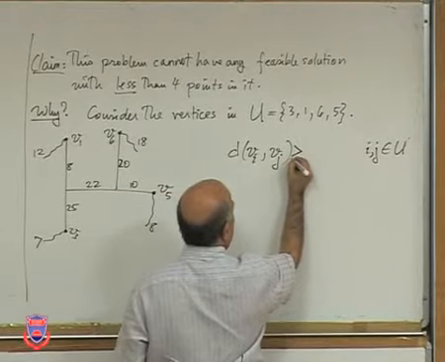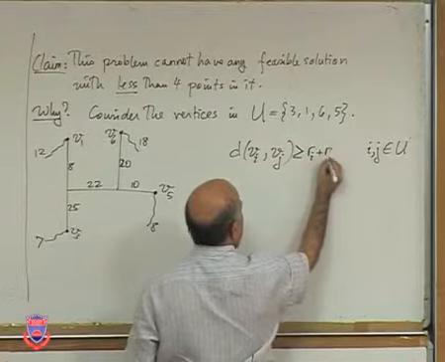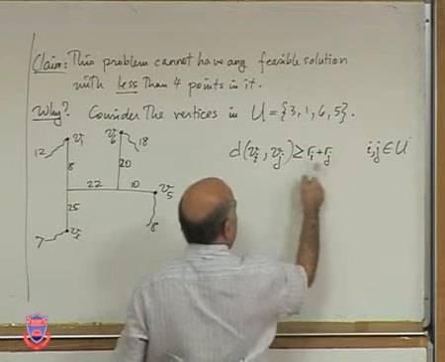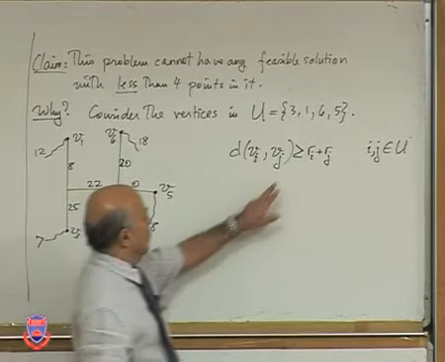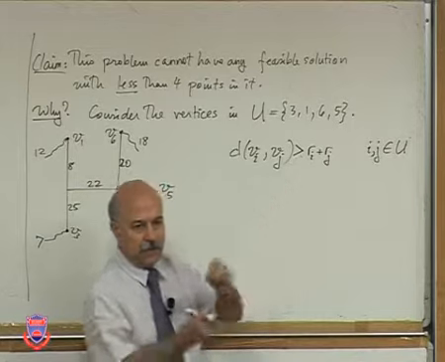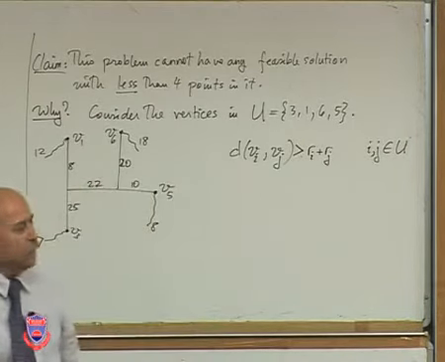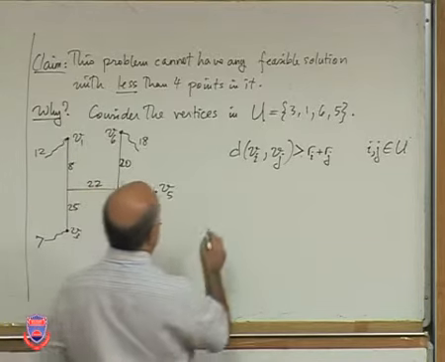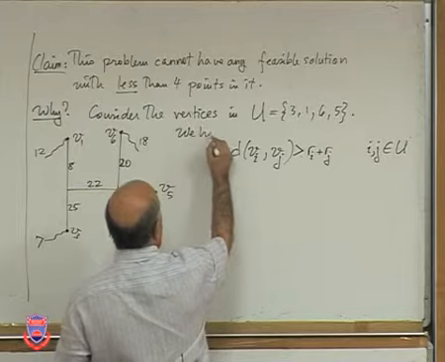We know that the string fastened at i and the string length fastened at j, they will not reach, which means that the distance is greater than the sum of the string lengths. Okay? So that's what we have.